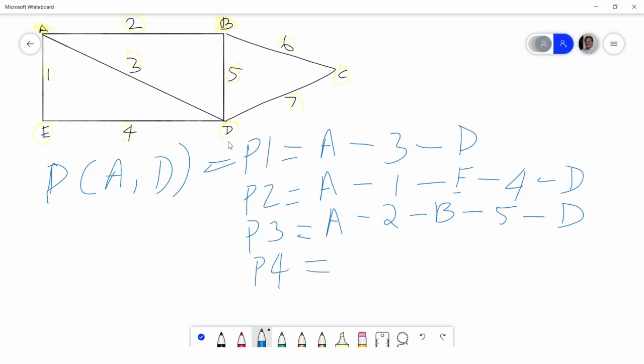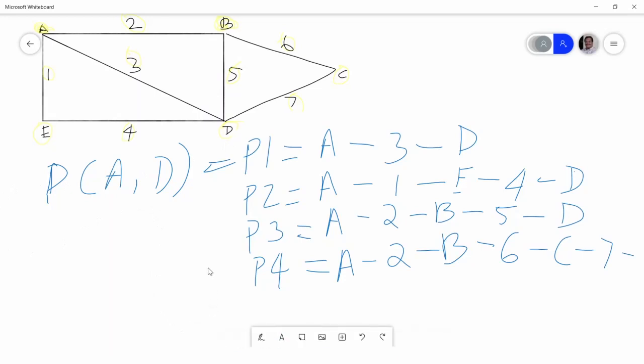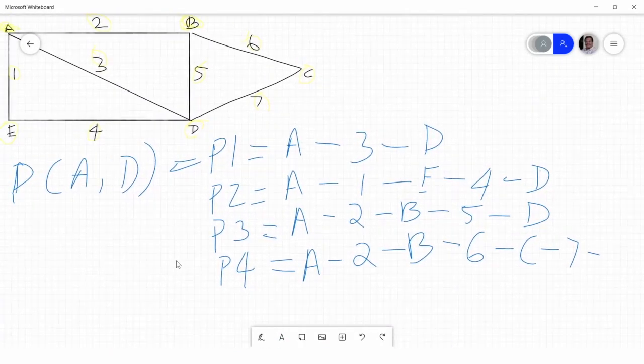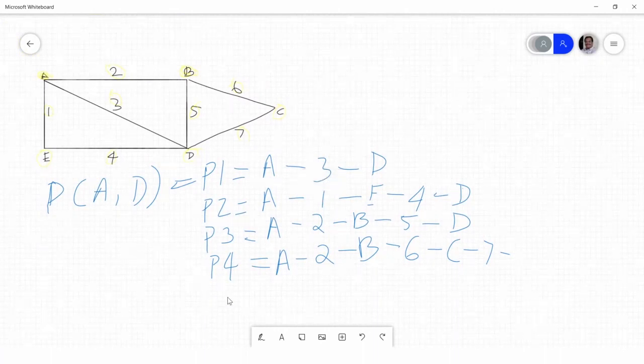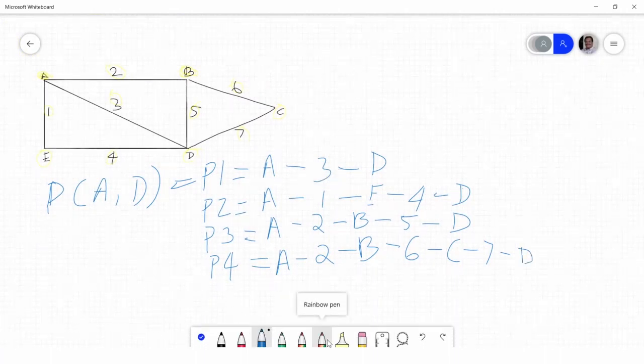P4 is another path, which you write like this: from A via edge 2 you reach B, from B via edge 6 you reach C, and from C via edge 7 you reach D. So that is what you have to understand.